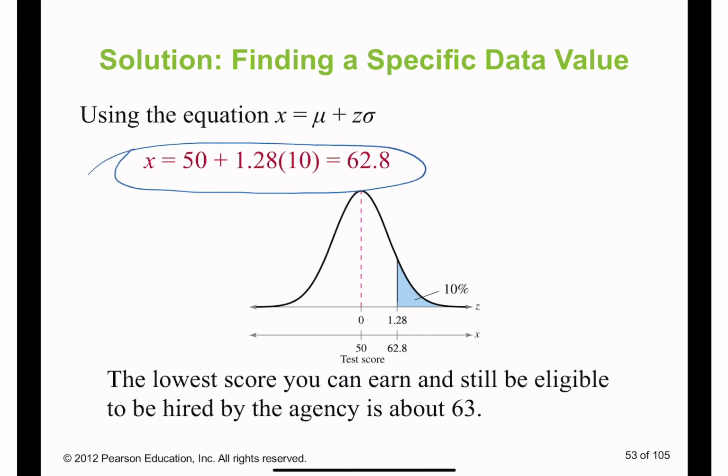So to be in the top 10% and pass, we are going to get as a minimum 62.8 score, which rounds up to 63. 50 is the average, it's mu. 1.28 is your z-score, and this is your sigma.